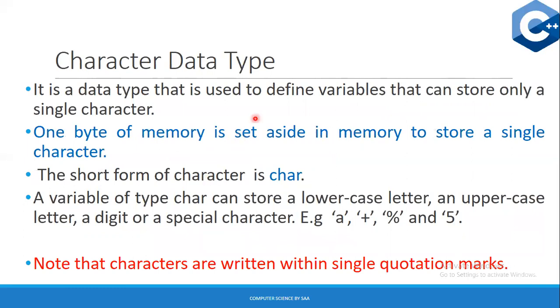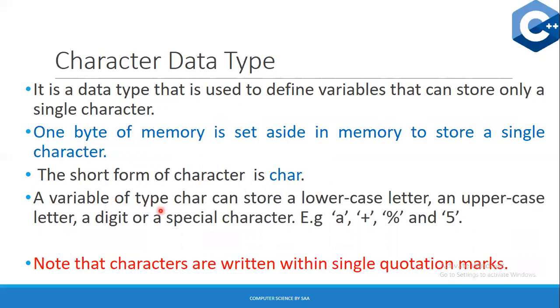The next one is the character data type. Character data type is used to define variables that can store only a single character. It takes only 1 byte of memory to store a single character. Its short form is char, that is used in C++.